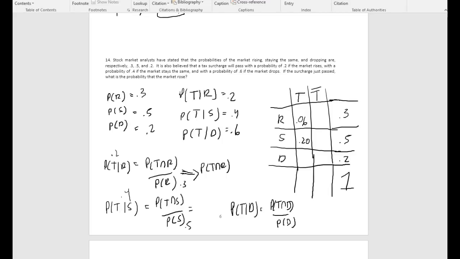And probability of D, we know it is 0.2. Probability of T given D is 0.6. So 0.6 times 0.2 is going to be 0.12. Okay, add those up to get the marginal of the tax passing, or T. That's 0.38. And we use our complementary rule, 1 minus 0.38, 0.62. We just fill in the rest of the table.